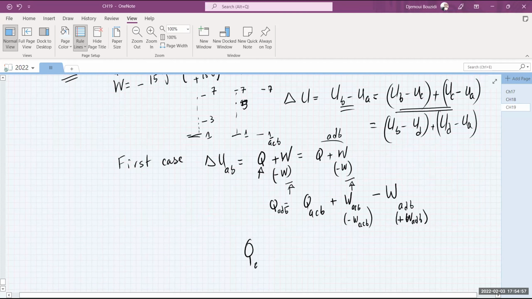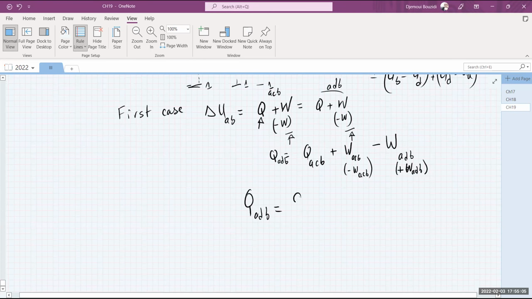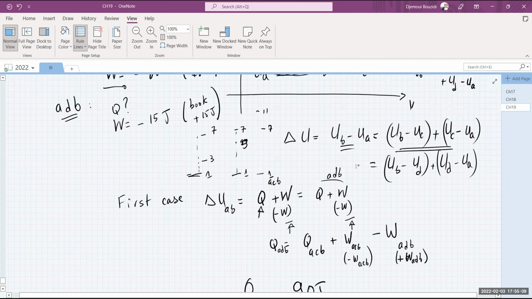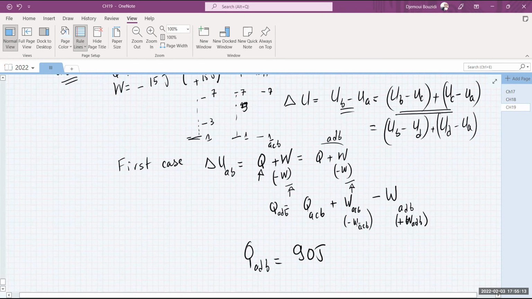It's going to be the same amount of heat. So QADB is going to be, this Q is easy. This Q is just this 90 joules. This W, according to us, it's actually a negative value of 60. According to the book, it's a positive value of 60, but you're going to subtract it. So in either case, you're going to put a negative 60 in here.